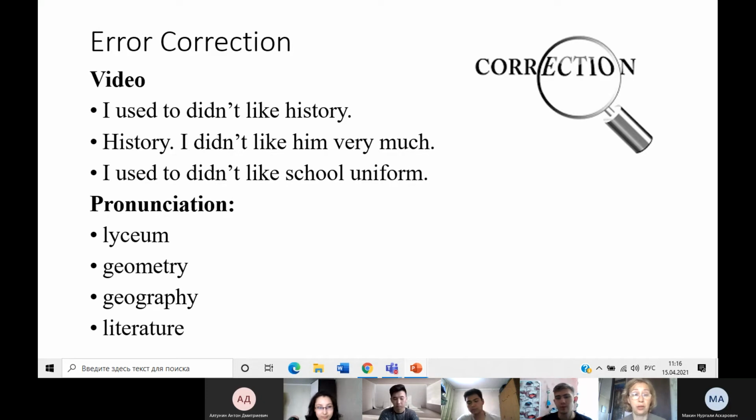And about pronunciation. So I always say that if you are not sure about the pronunciation of a certain word, it's just a couple of clicks and you know this, yes? You can check it in Google Translate, for example. So how can we read these words? Medina, will you read them?